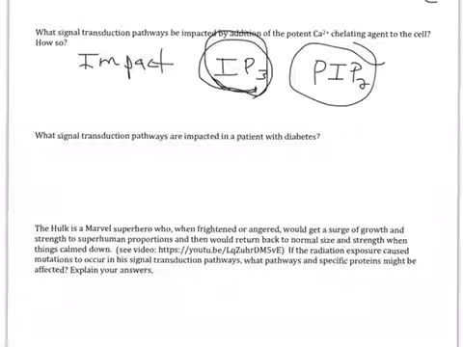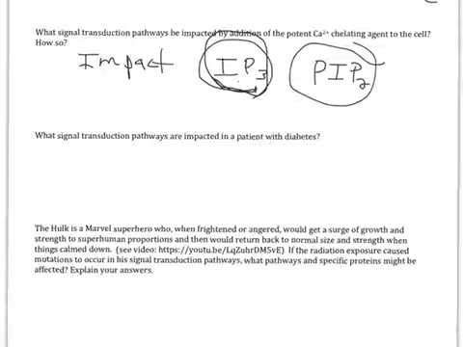And when IP3 binds to that receptor, it's a ligand-gated transporter, it will allow the release of calcium into the cytosol, which then in turn can bind to calmodulin, which can then undergo conformational change, and the calcium-calmodulin can then bind to other enzymes, kinases, etc., and begin the process of triggering a phosphorylation cascade.